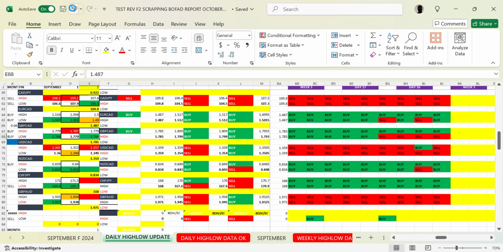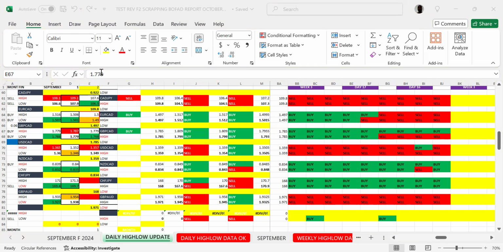So currently at 1.497, we can see that the market is now turning to a sell position.